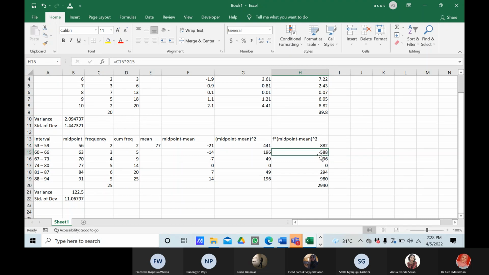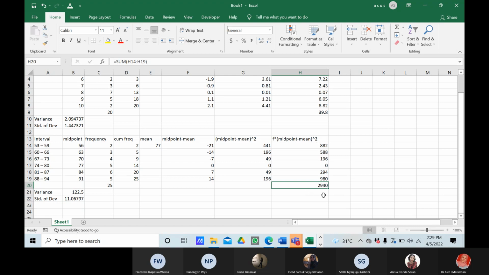Then the second row comes from 3 times 196. It will be 588, and so on. The last one comes from 5 times 196, which will be 980. Then you have to sum all these values.